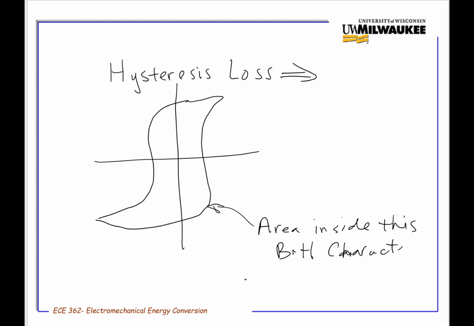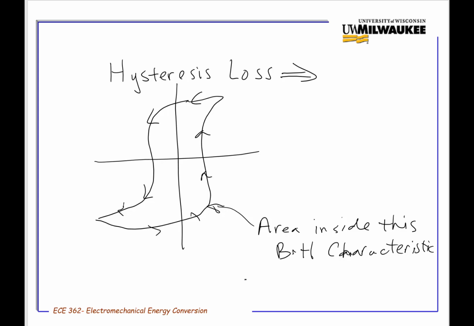More area, more loss. These electrons pushing around these dipole moments have to travel more distance around this contour, and that means it's more lossy.